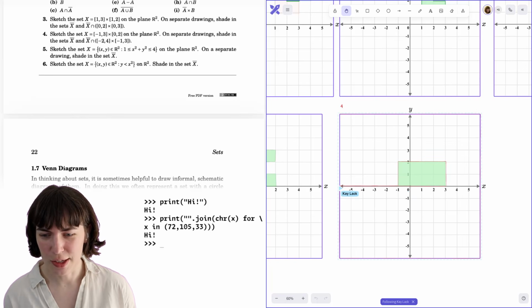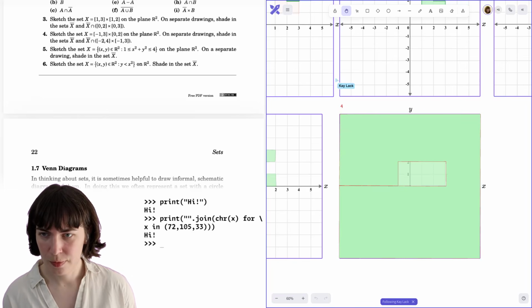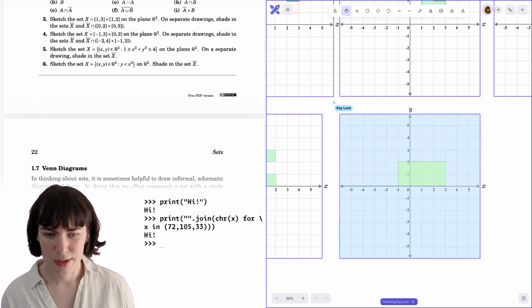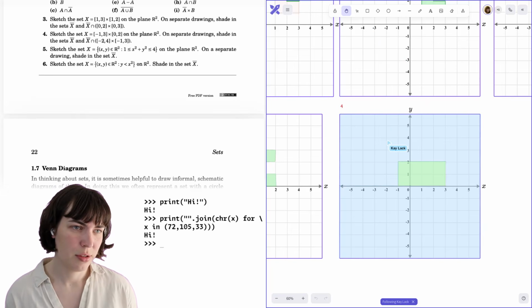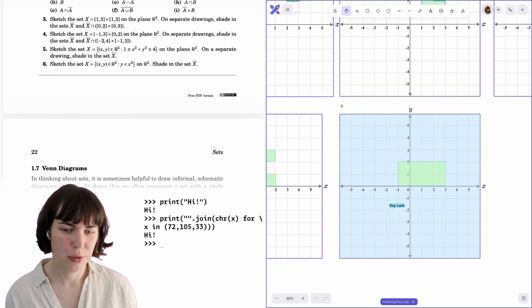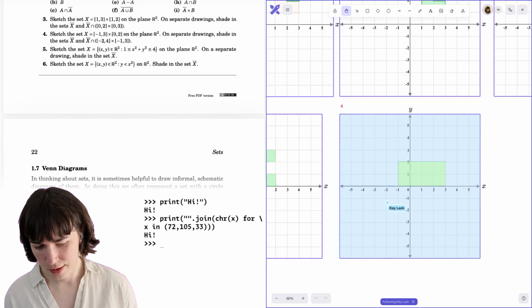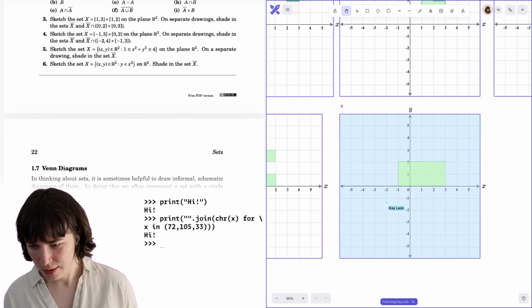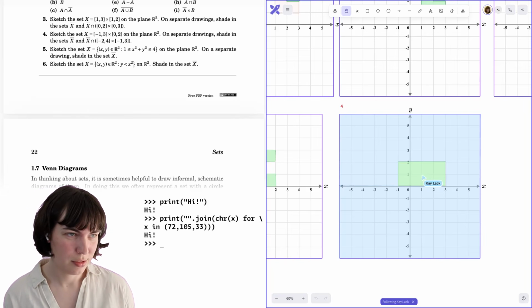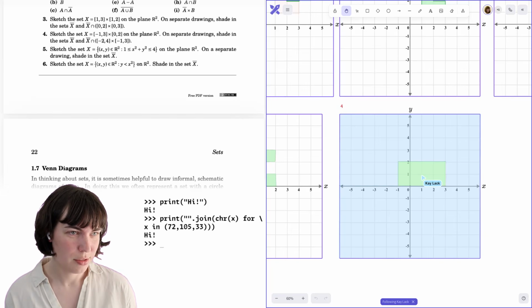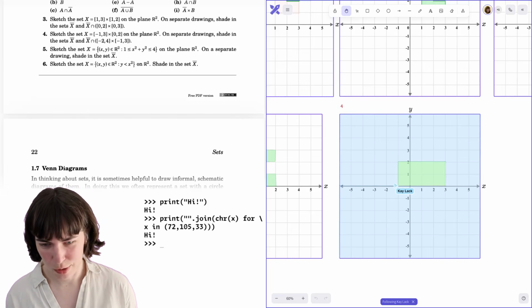There's probably a way you can get holes in these shapes, but wow, that looks horrible. Okay, here we go. That's the complement, and then we want to intersect it with -2 to 4, and then -1 to 3.